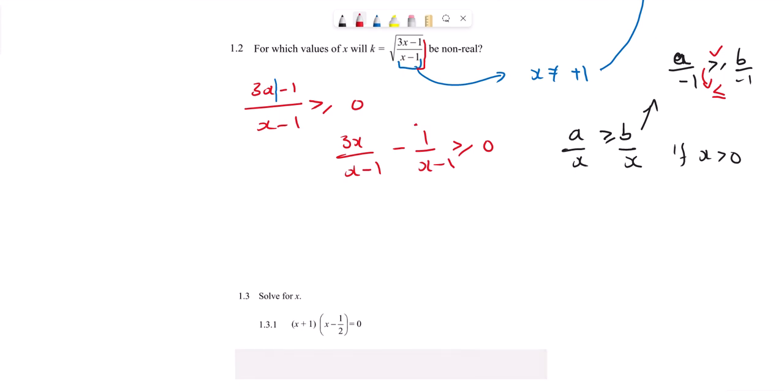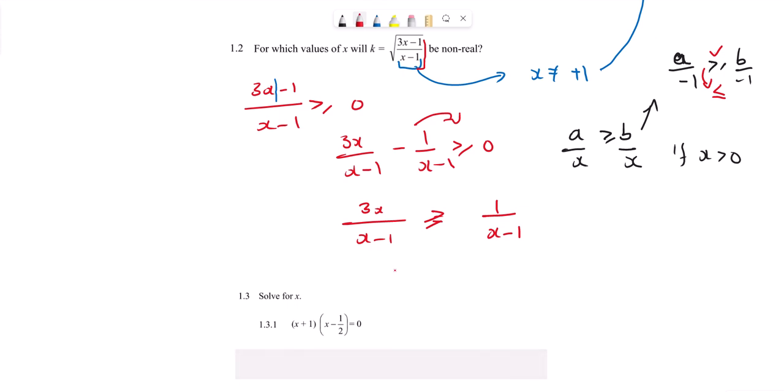So I'm going to transpose. That will be 3x over x minus 1 is greater than or equal to 1 over x minus 1. Okay, so then you can multiply throughout.